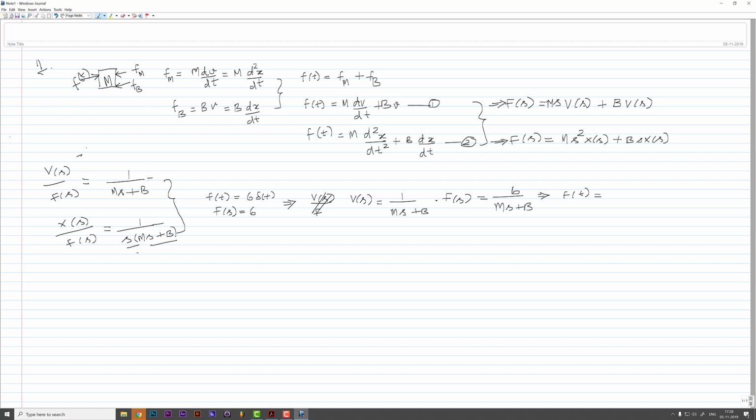If you want to find the time constant, you can write this transfer function in time constant form. What is the time constant form? The constant should be 1. So here the constant is b, you have to take the constant outside, that is 1 plus m by b.